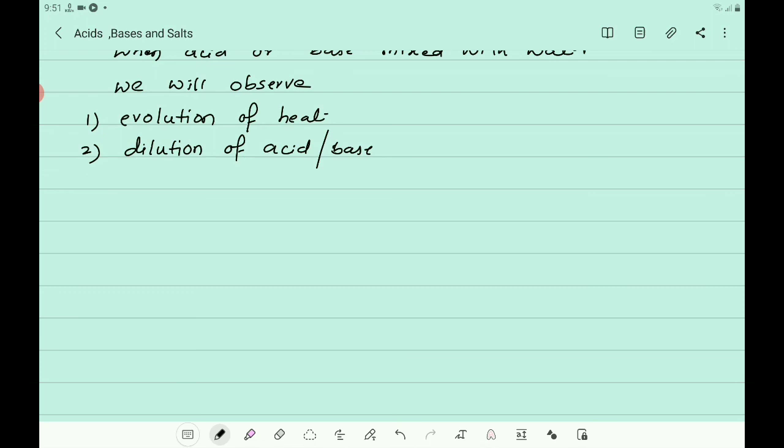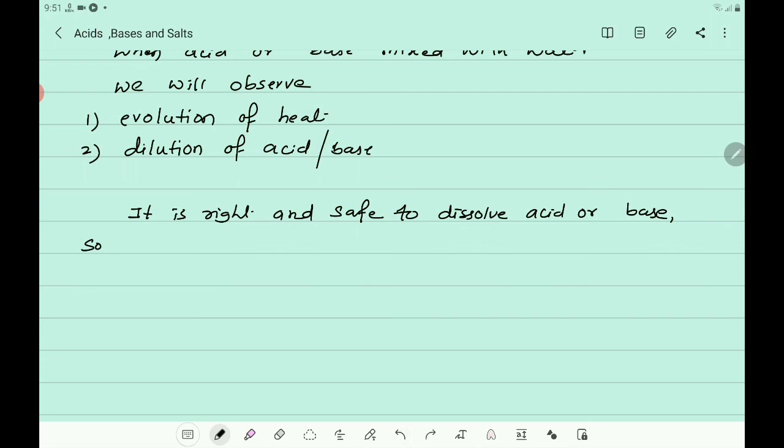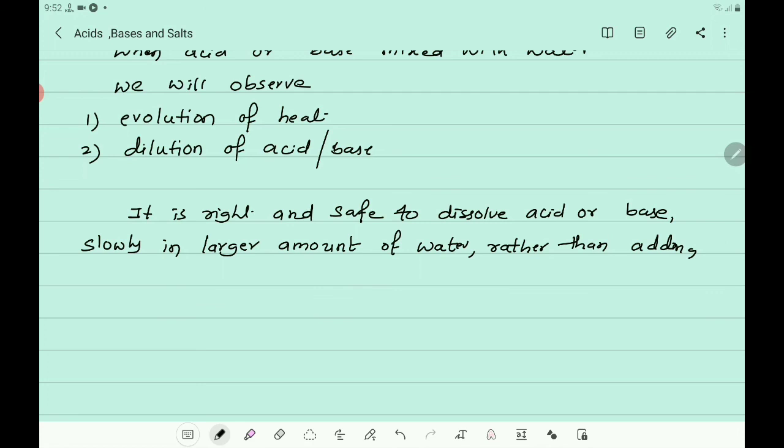So you take: it is right and safe to dissolve acid or base slowly in larger amount of water rather than adding water to acid or base.